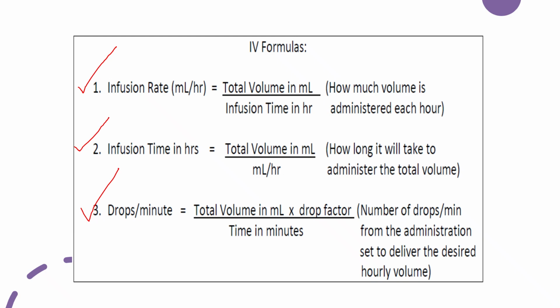These 3 calculations will appear and be used consistently across all skills textbooks and are essential for safe IV medication administration. Everything you do with IV med math connects back to making sure the client is receiving the correct dose at the correct time using the correct device.